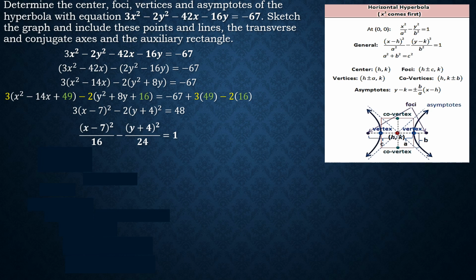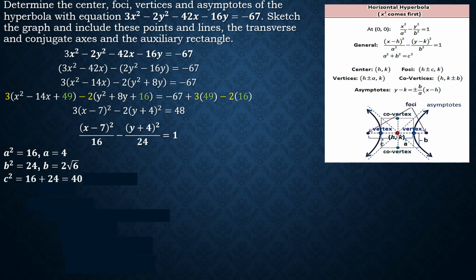Now, the value of a squared is whatever the denominator of the first term is. Therefore, a squared is equal to 16 and a is equal to 4. B squared is equal to 24 and b is equal to 2 square root of 6. To find the value of c, here is our formula: a squared plus b squared.